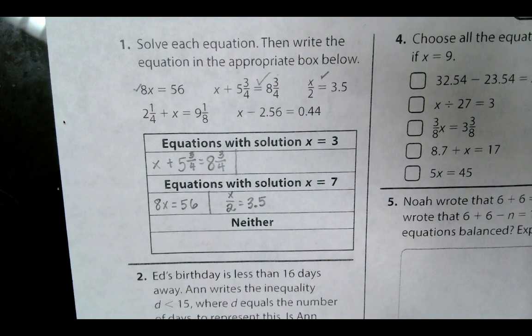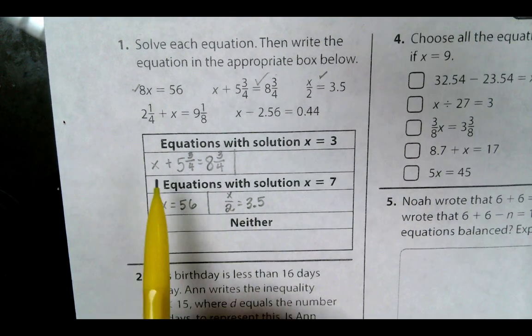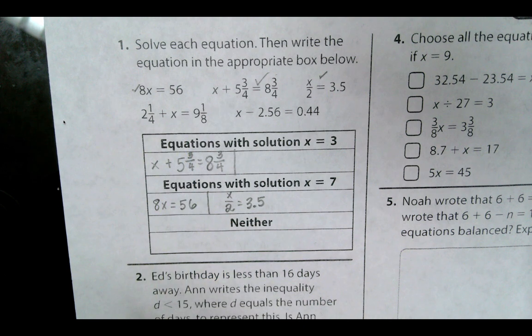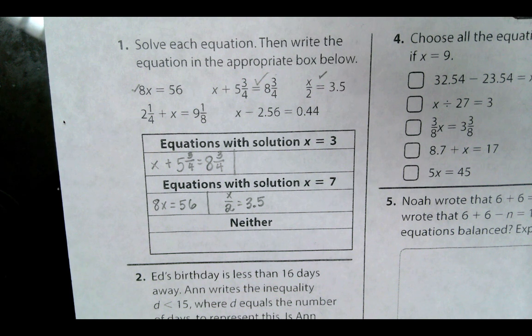Now I have 2 1/4 plus x equals 9 1/8. If I have addition, what do I do to isolate my variable x? You will subtract 2 1/4 from 9 1/8, and you need to change the fractions.